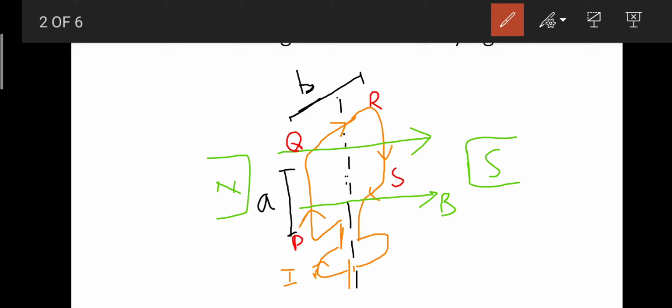You can use an electromagnet for this purpose as well, right? Now we see that this rectangular coil is mounted on a shaft.